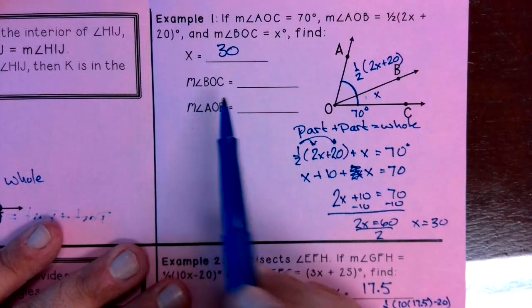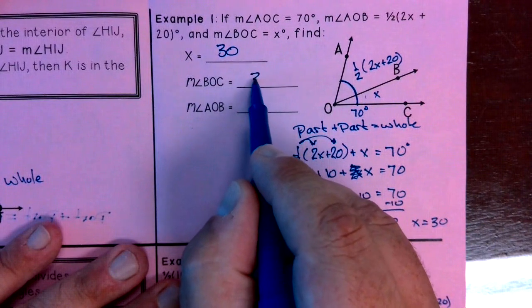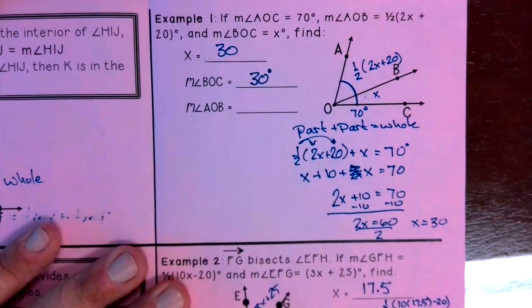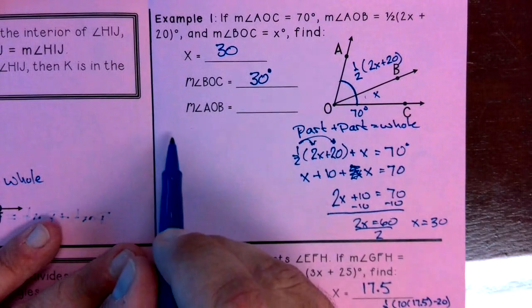Now, to find BOC. Well, BOC is just x, so angle BOC is equal to 30 degrees. I plug in the 30, and I get the same thing out. I plug x into AOB.